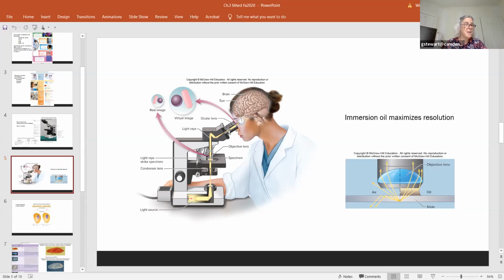Now, what happens is as the lenses get larger and larger, they have more curvature in them. Because of that curvature, there is some airspace that does not keep the light focused from the condenser all the way through, maximized to the person's eyeball who's looking at this.